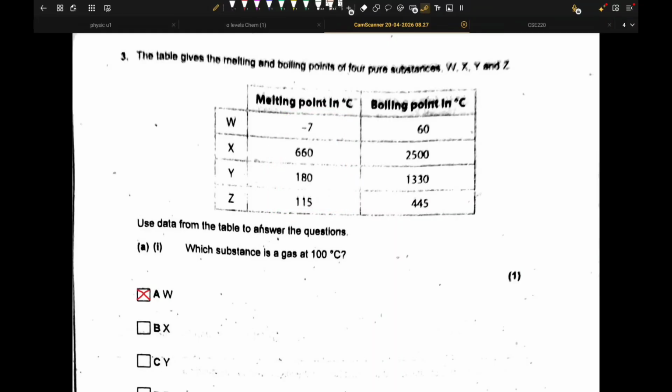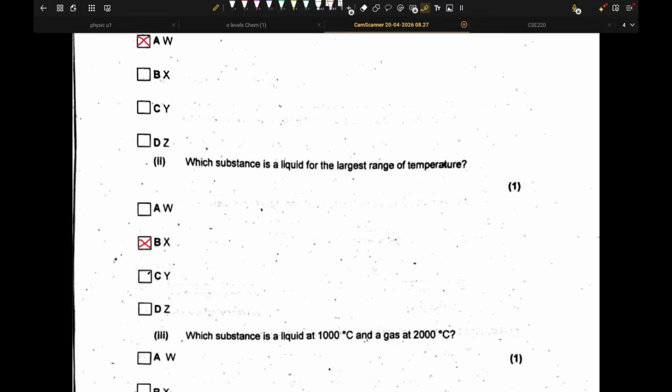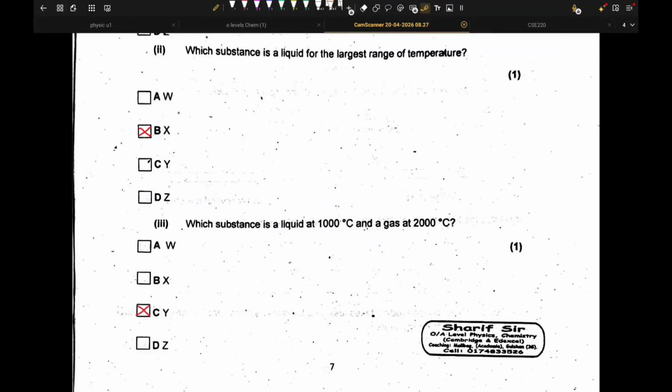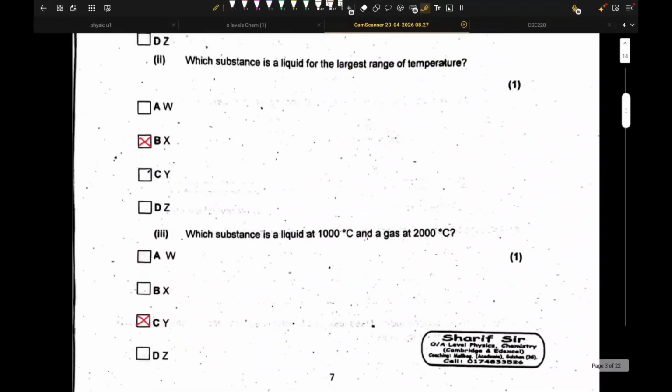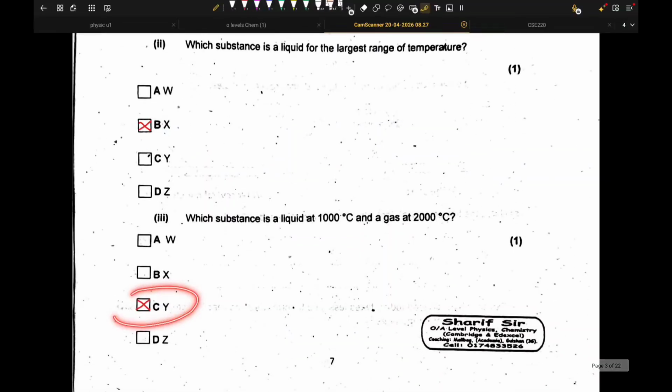I can see that all three of these are liquid at 1000 degrees Celsius, right? It should have melted by 1000 degrees Celsius. But if the boiling point is smaller than 2000 degrees Celsius, then it would have evaporated. If the boiling point is greater than 2000 degrees Celsius, then it will not evaporate. So the answer should be C.